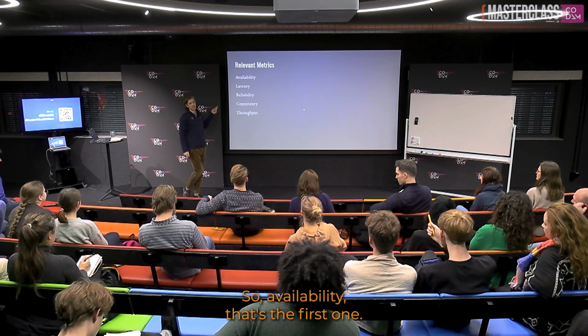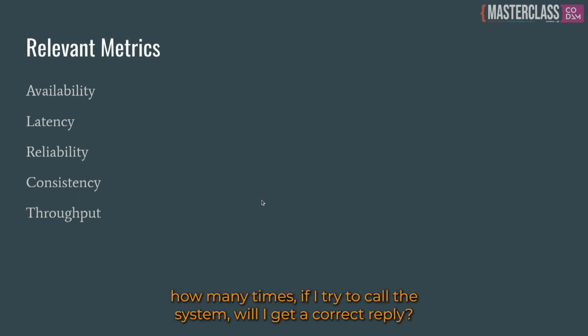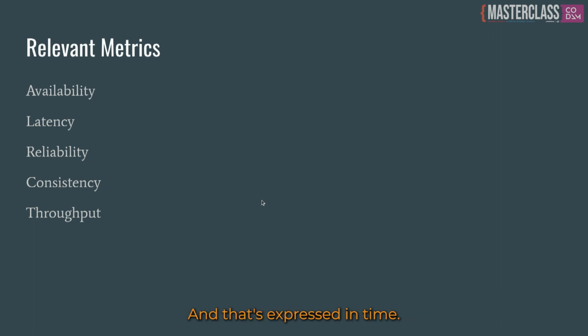So availability, that's the first one. That is really how many times, if I try to call the system, will I get a correct reply? And it's expressed in time. So uptime, basically, is another word for it. It's usually measured in nines. So how many nines of availability do we have?